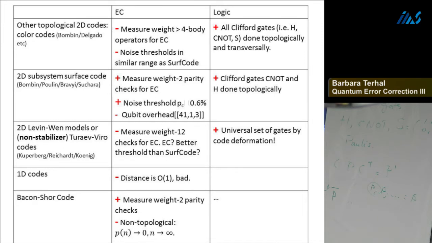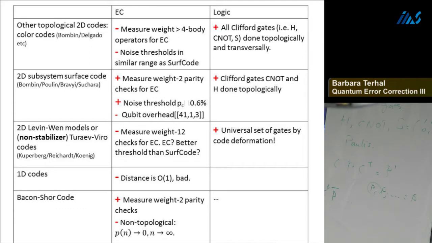The Bacon-Shor code is another two-dimensional code. The advantage is that you measure these weight 2 parity checks. One possible disadvantage is that it's a non-topological code. What it means effectively is that if you take this class of codes and you make n larger and larger, it doesn't go to a finite noise threshold, but the noise threshold goes to 0.